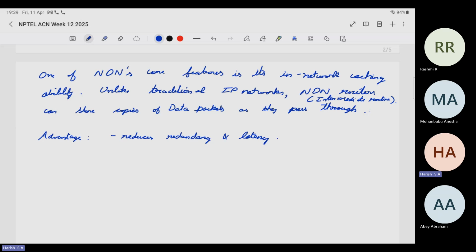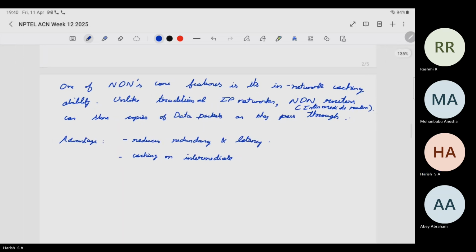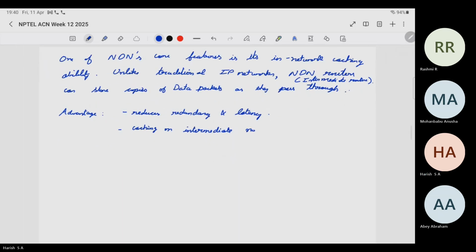Also, caching on intermediate nodes is fundamental to NDN.